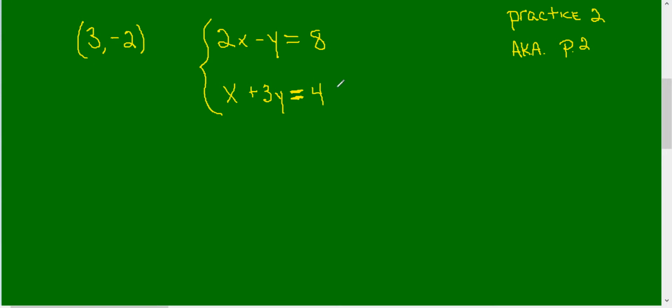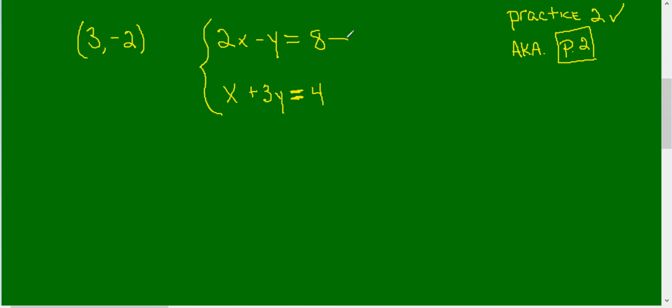Okay, here's our next problem, practice problem 2, aka P2 will be the notation for practice 2. Not page 2, practice problem 2. All right, so let's go over here, and same game.